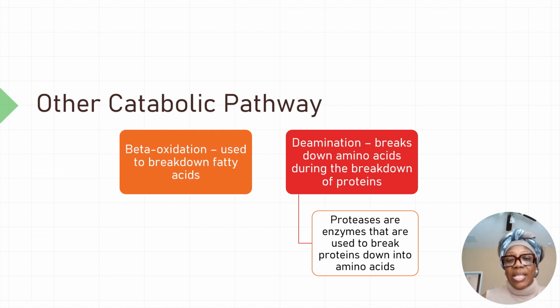You have specific enzymes called proteases that will come in and break down the large protein molecule into its individual amino acid parts. And then the deamination process is actually the removing of an amine group from the amino acids to further break them down during the whole process of breaking down protein.